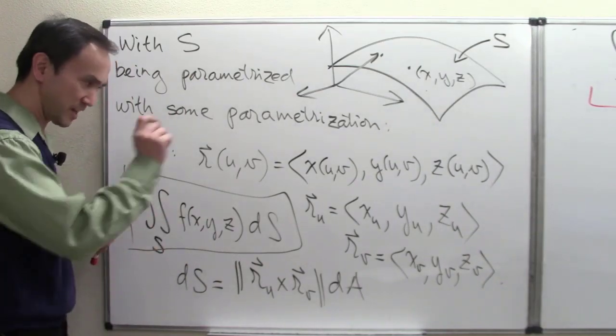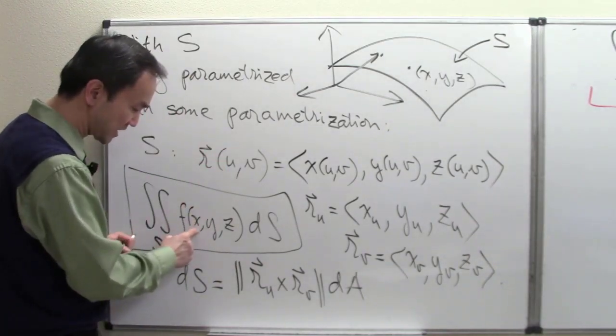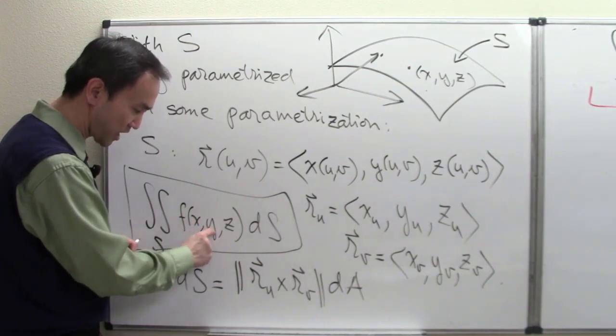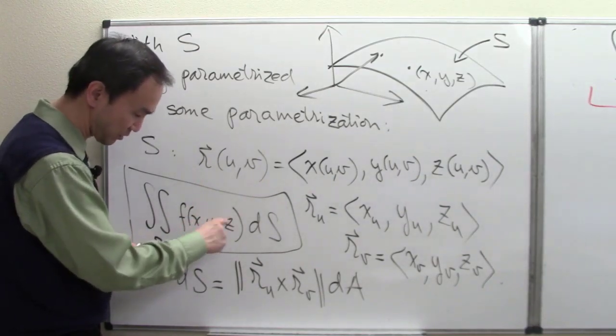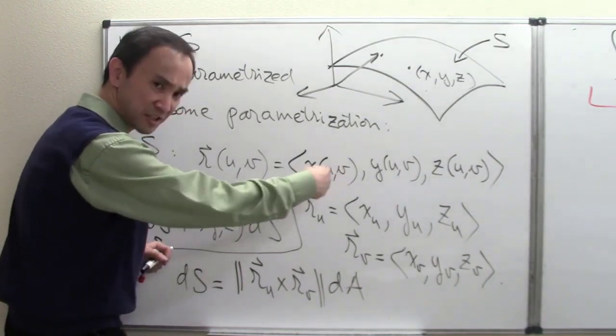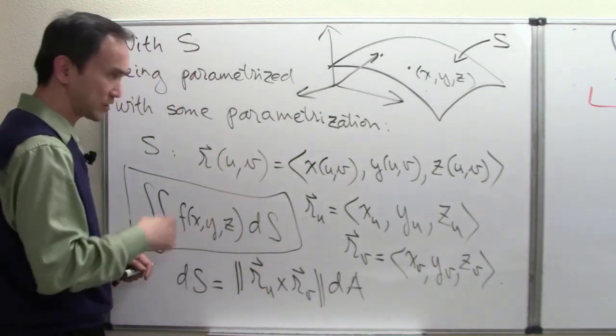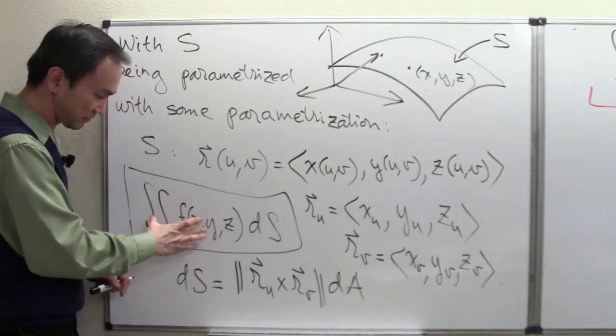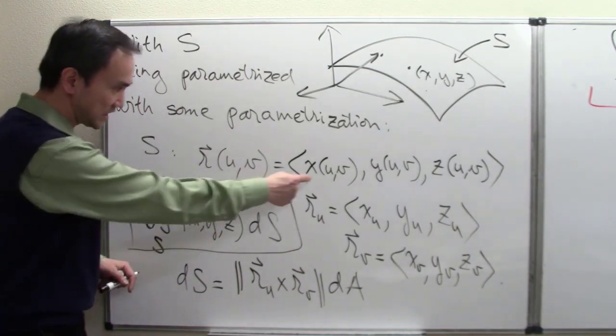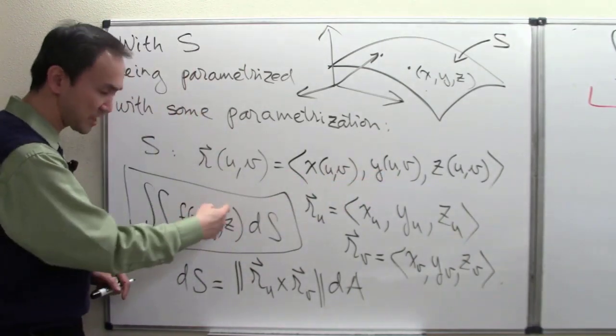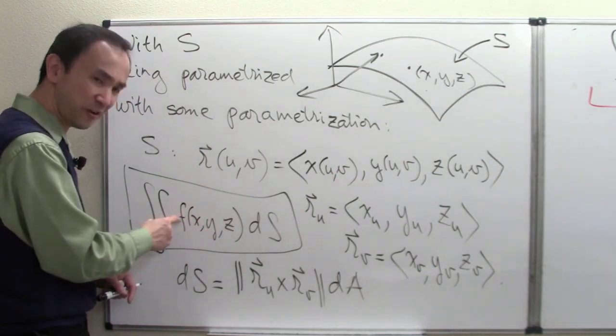All right, and again, notice each one of our points at coordinates x, y, z can be expressed as a vector valued function depending on u, v. So in the next step, I'm going to substitute each component into the x, y, and z variables of the scalar function.